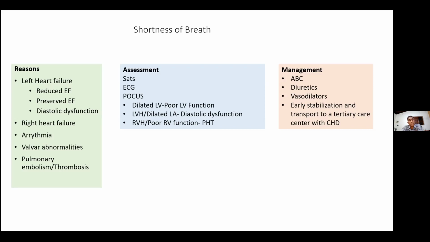So they can present with valve regurgitations, like mitral regurgitation or tricuspid regurgitation, and present with heart failure. Sometimes they can go into right heart failure because of severe or large pulmonary embolism or thrombosis. So all these should be considered when the patient is admitted with shortness of breath.